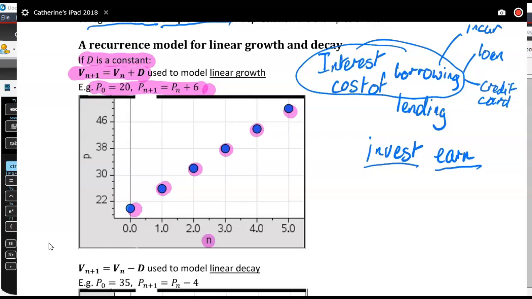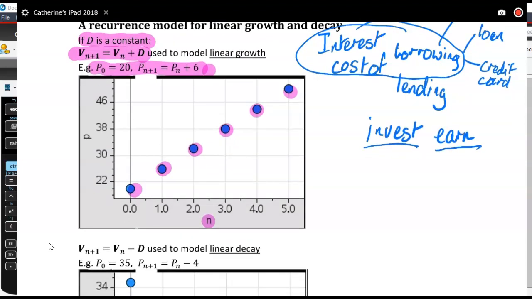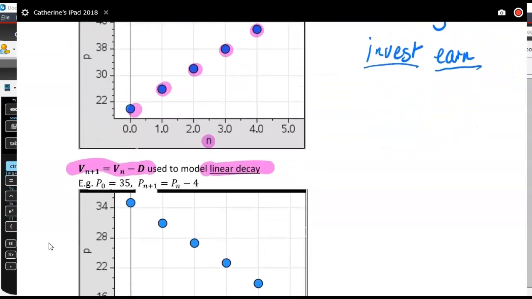And that's what linear growth is, isn't it? When we've looked at linear graphs, it's always going up or going down by the same amount each and every time. So that's linear growth. Linear decay is when the amounts reduce.